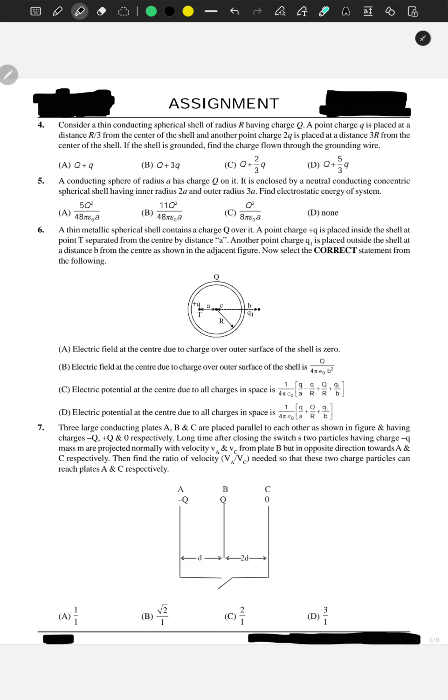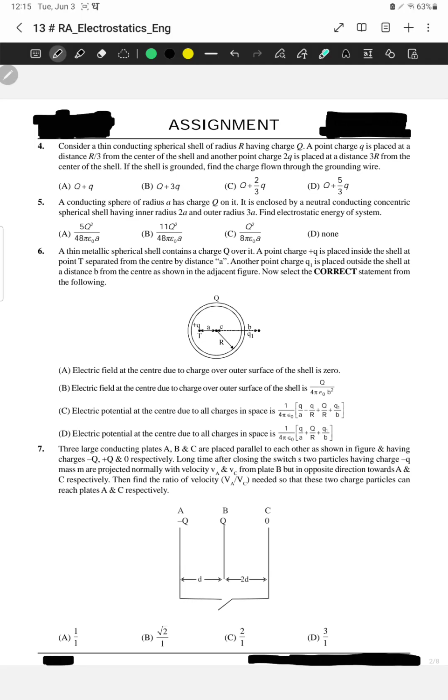Consider question number 4. Consider a thin conducting spherical shell of radius r having charge q. A point charge q is placed at a distance r by 3 from the center of the shell. Another point charge 2q is placed at... Okay, so I'm solving this question here.